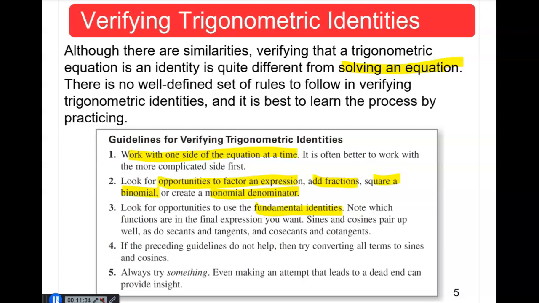Sines and cosines pair up well, as do secants and tangents, and also cosecants and cotangents. And those are variations of the Pythagorean identity, actually. Number four, if the preceding guidelines do not help, then try converting all terms to sines and cosines.